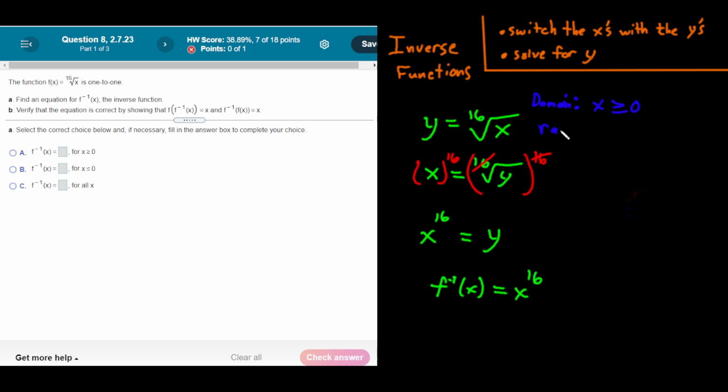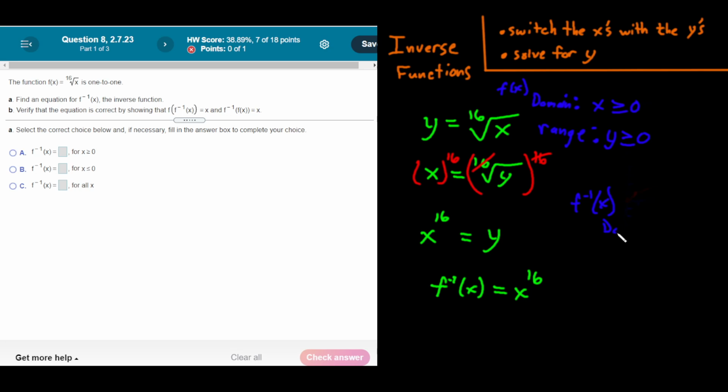Remember, range is y, domain is x. Y is also greater than or equal to 0. We didn't have any negative y values, did we? So using this knowledge, and this is from our original, so let's put f of x here. How do we find the domain and range of our inverse? Well, remember up here, we said we're going to switch the x's and the y's. That's exactly what we're going to do here for the inverse. So I'm going to put inverse right here.